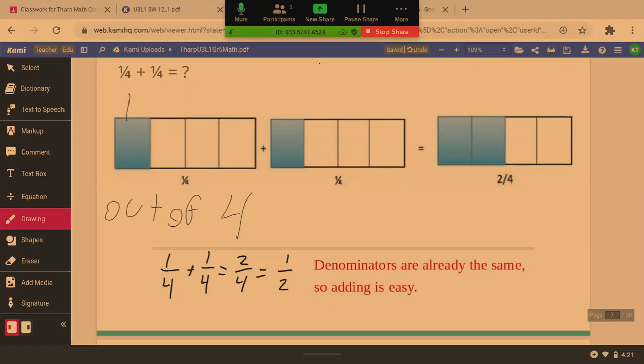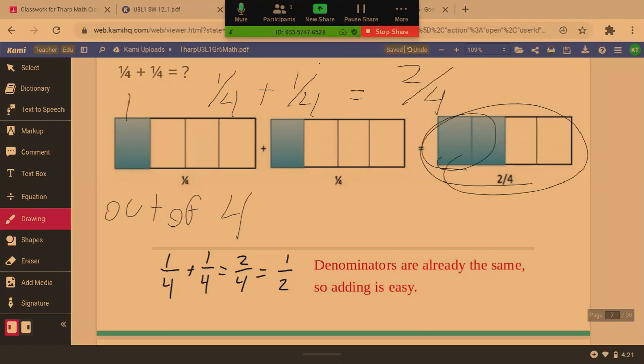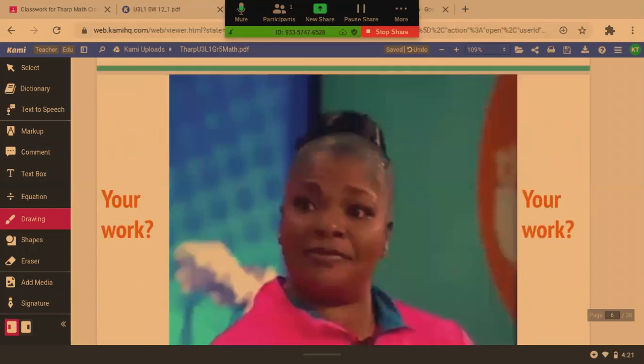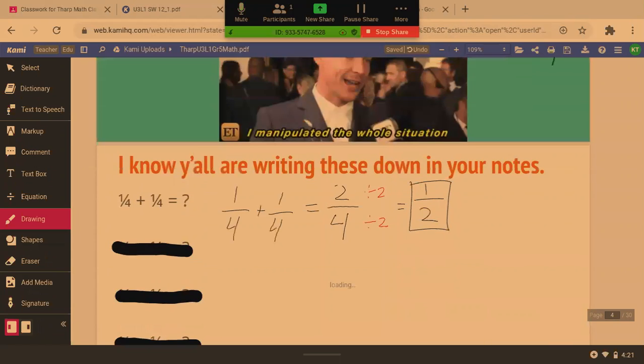So if I'm adding 1 out of 4 plus 1 out of 4, that is going to give me 2 out of 4. So that means that I have 2 out of 4 total pieces. Let's go to another example.